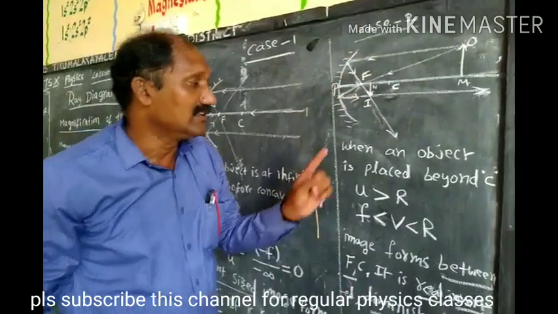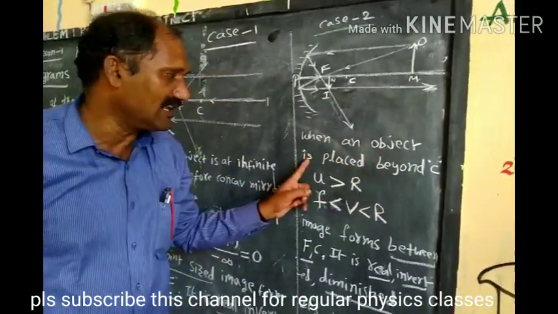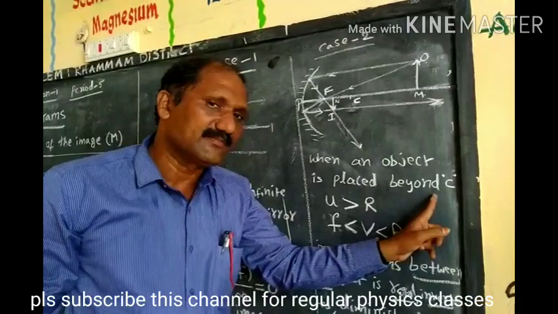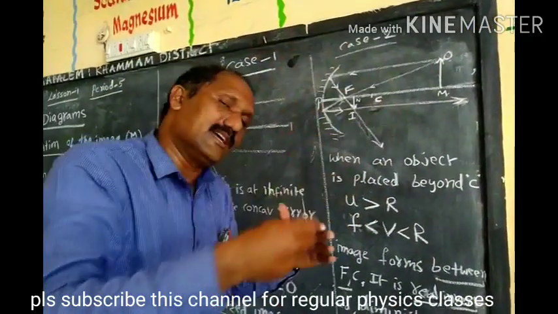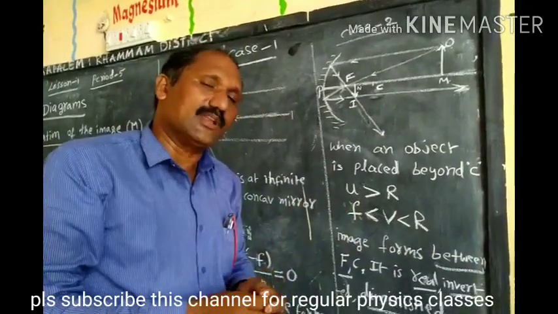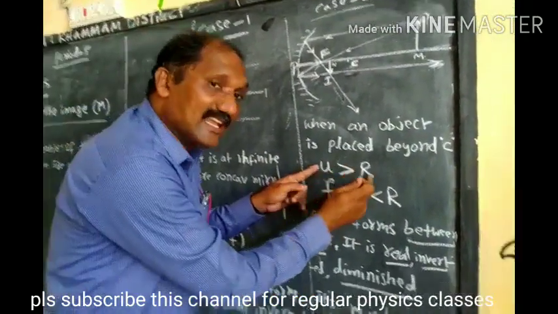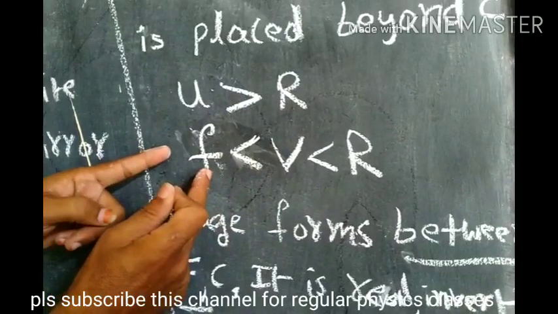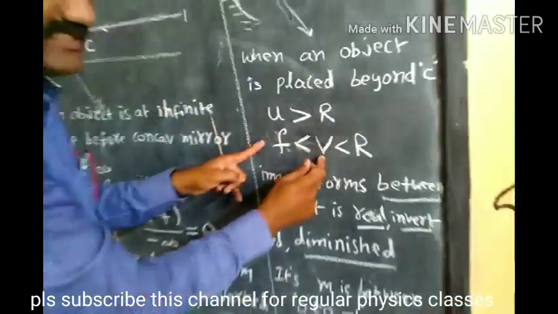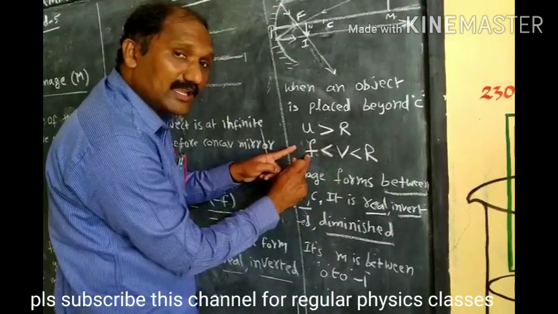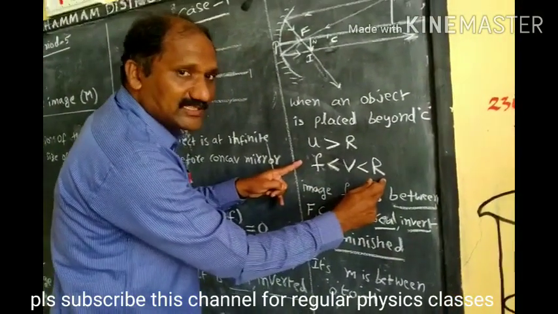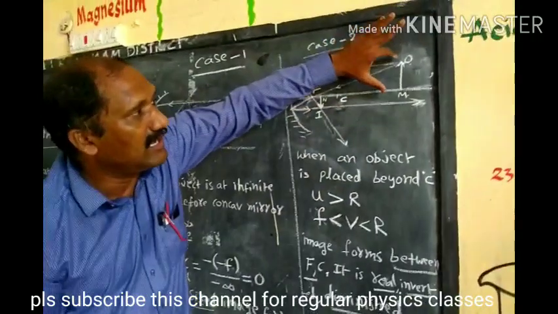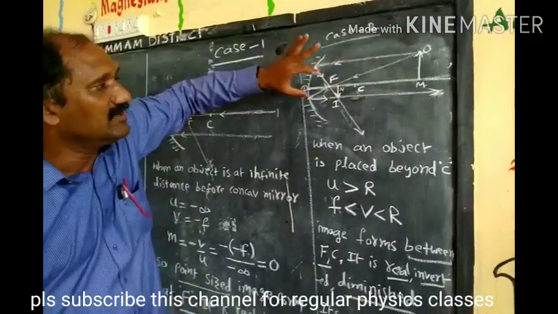That's why we can know that when an object is placed beyond C, meaning the distance is more than the radius of curvature, U is greater than R. That's why we have written here U is greater than R. But the image distance is more than the focal length and less than the radius of curvature, between F and R. The object distance is more and the image distance is less.